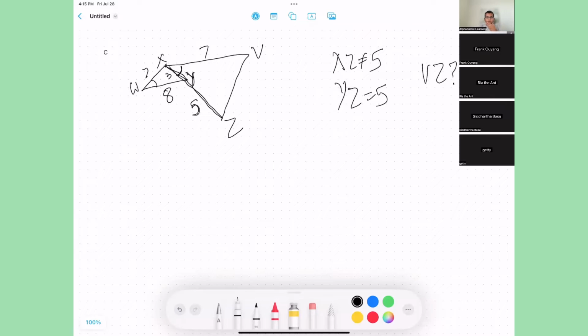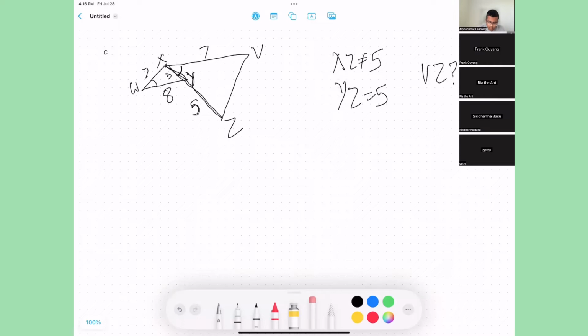So let's go over it. Since this problem was not too hard to see, I'll just go through it myself. So basically, if you guys notice here, you use the side angle side congruence, right?